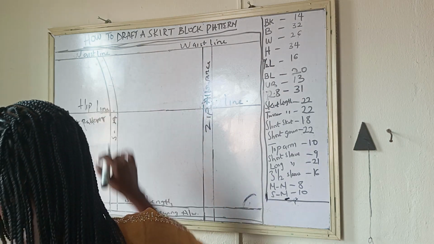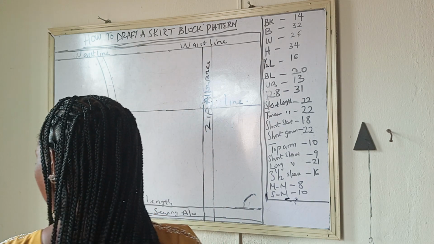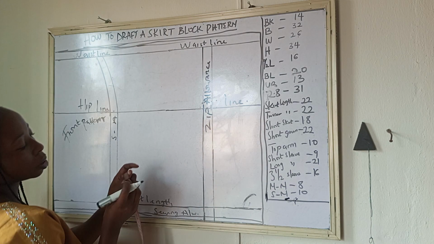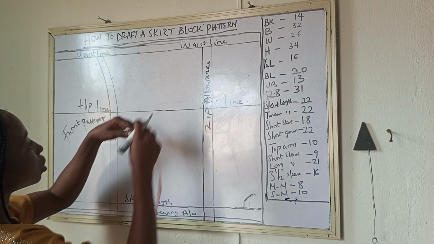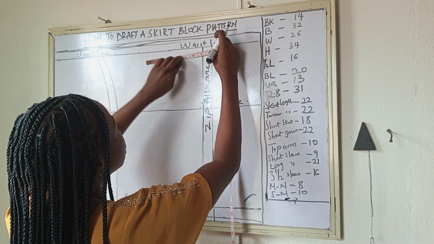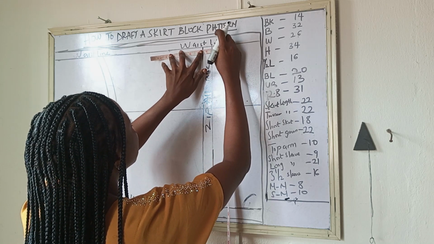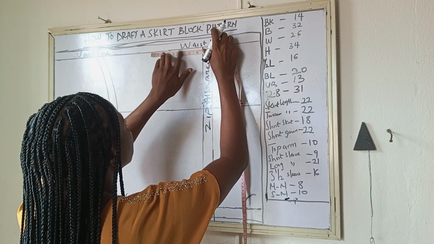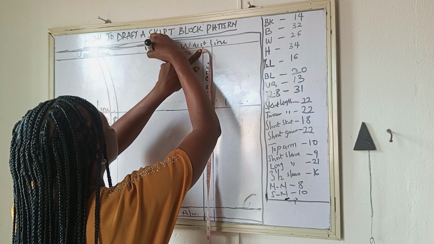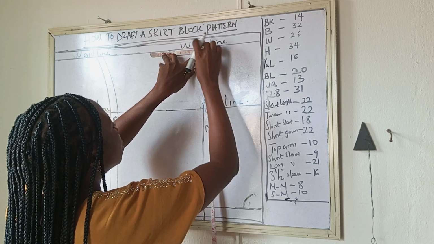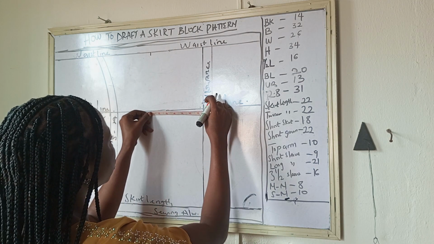From this point, I'm going to be inputting my waist, hip, and length measurement. My waist measurement is 6.5. My hip measurement is 8.5.